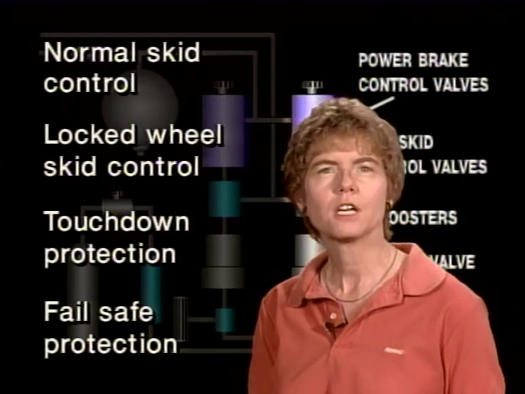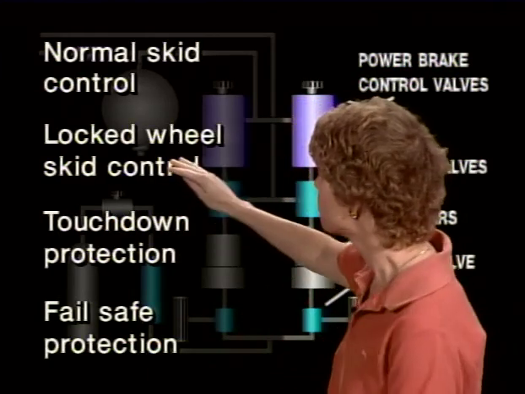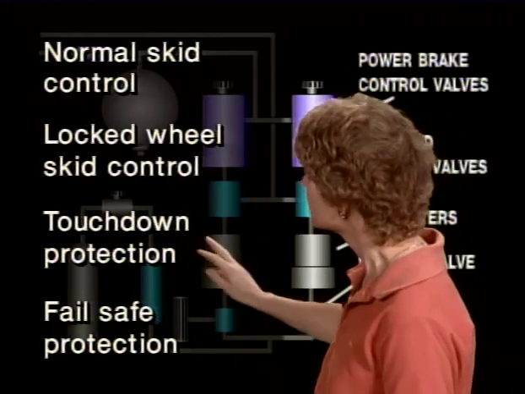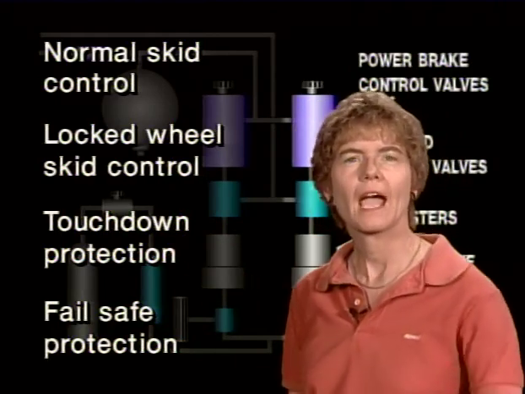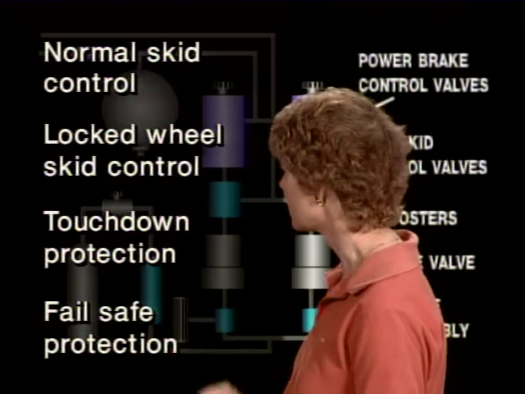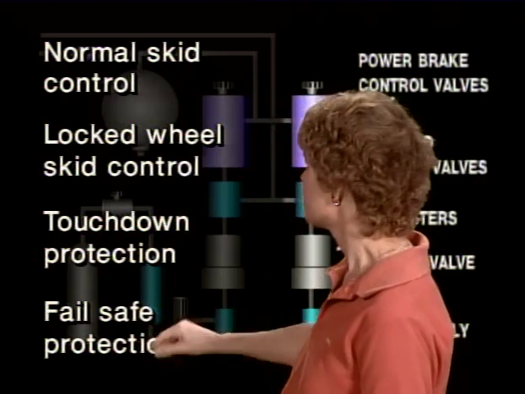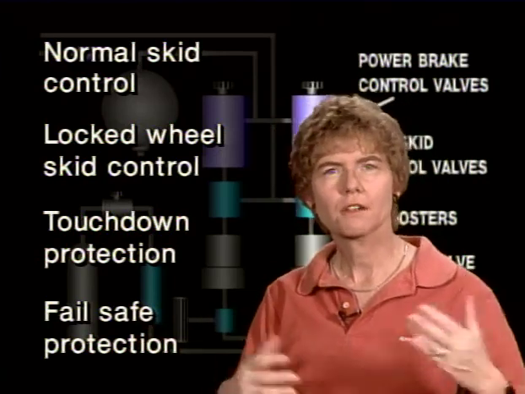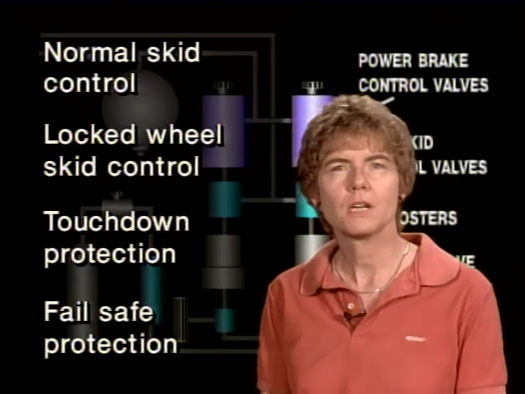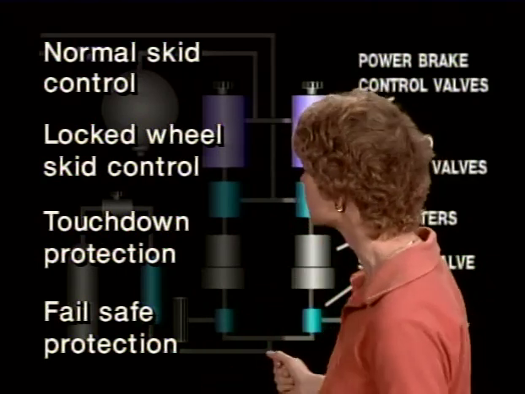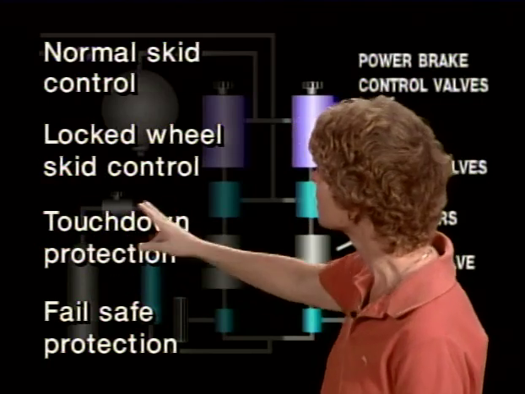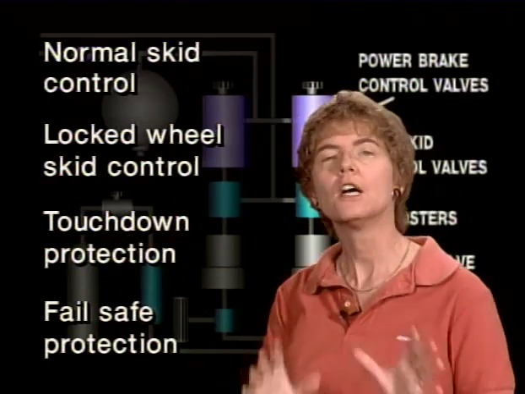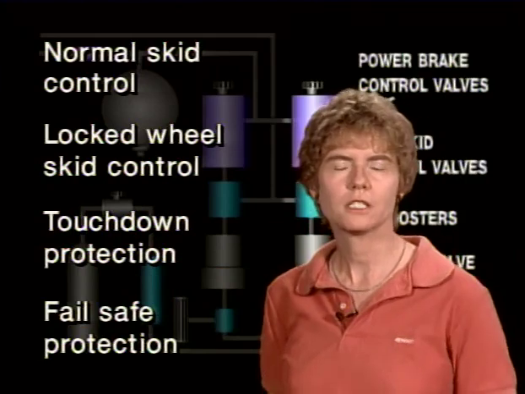Now, what the skid control system is designed to do is this. There are four functions of it: normal skid control, locked wheel skid control, touchdown protection, and fail-safe protection. The fail-safe protection means if this thing fails, it's not going to mess you up. You're still going to have brakes. The touchdown protection will keep you from having the brakes on when the aircraft actually touches down.